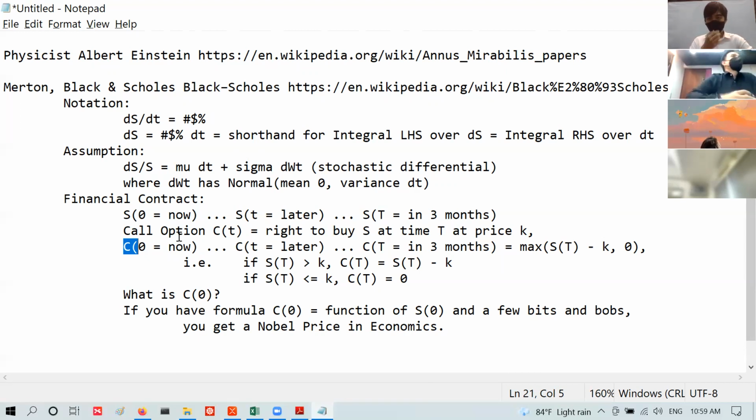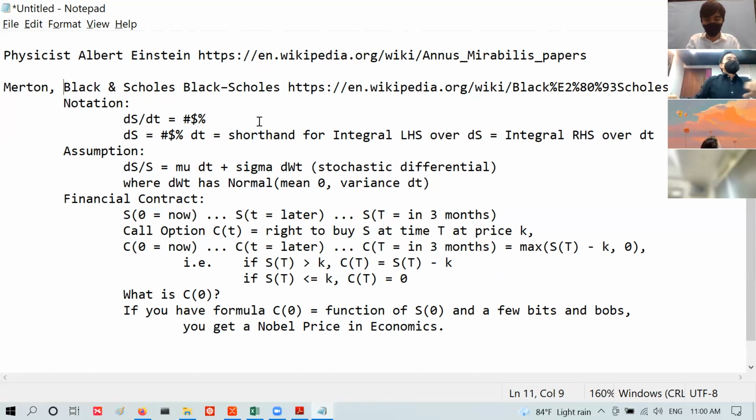So there's a market for durian and a market for that little certificate of promise. But now, if you have that formula, this secondary market becomes huge because it's more reliable. You get a Nobel Prize in economics, not in peace. It didn't build peace, it just made money. That's what Black-Scholes is.